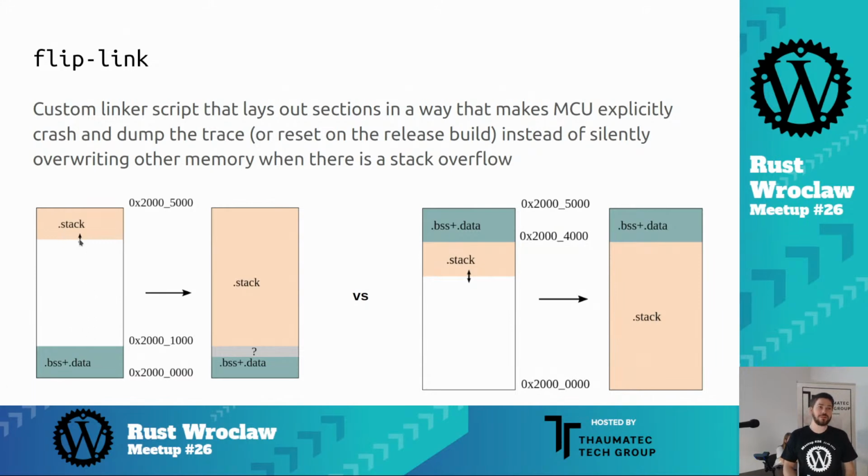And the problem is that if the stack grows too big, it will overwrite your static data, and this is no good because you might not notice it and just operate as before, but your data is no longer valid. So a better way to handle this behavior would be to just crash at this point and maybe send some debug information on what was on the stack when it crashed.